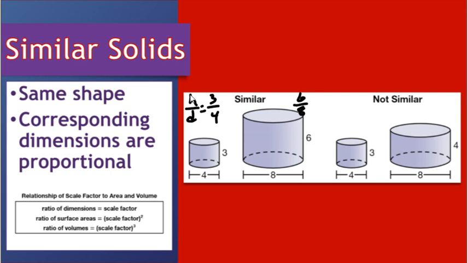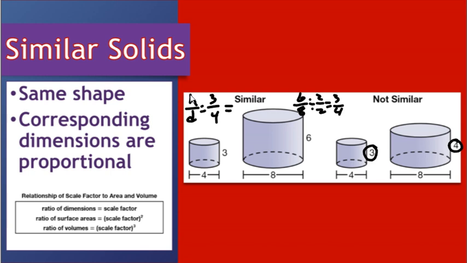If I reduce 6 to 8 by 2 halves, I would get 3 to 4, which is equal to this smaller size. So we would say that they are proportional, they have the same shape. This other one is not similar because the height is not proportional to the height of the smaller one.